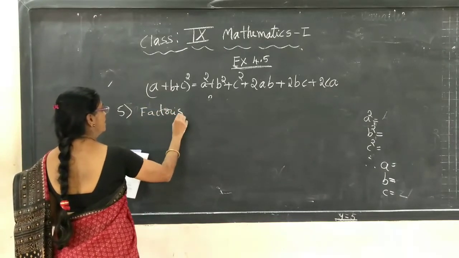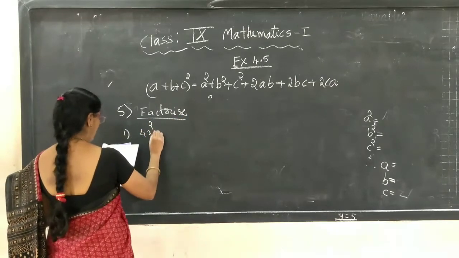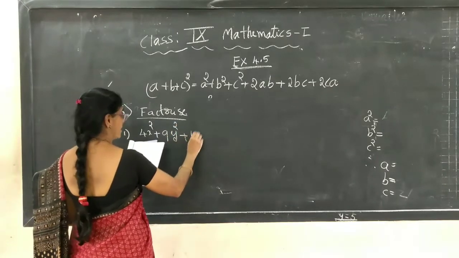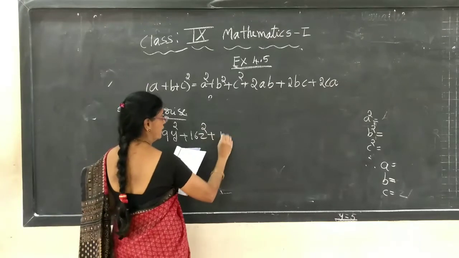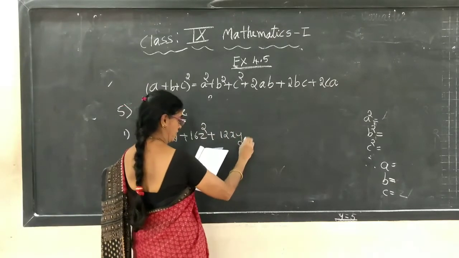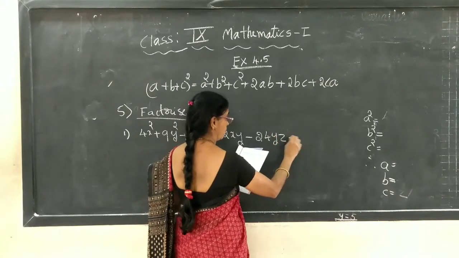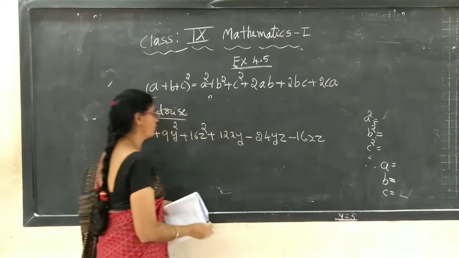The first problem is 4x square plus 9y square plus 16z square plus 12xy minus 24yz minus 16xz. This is the question you have to factorize.